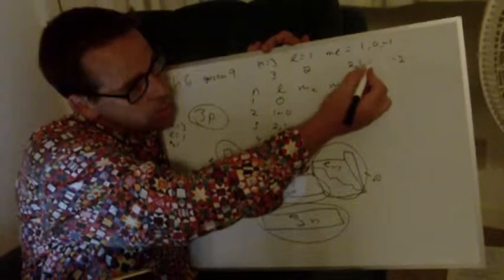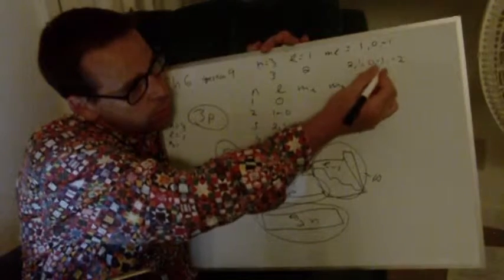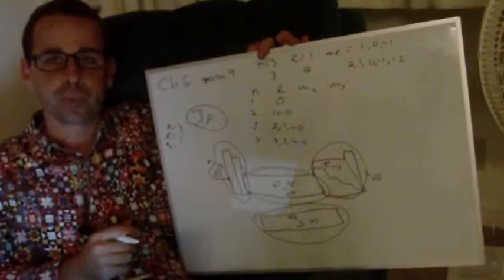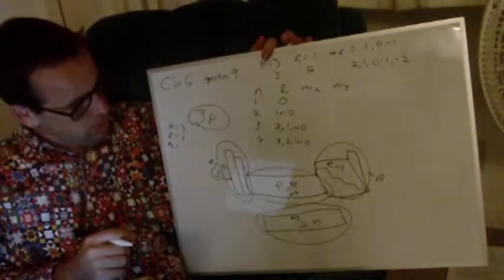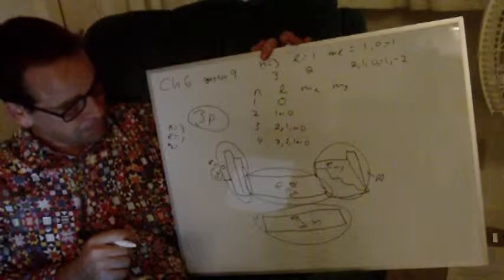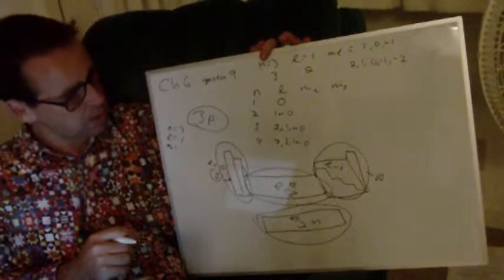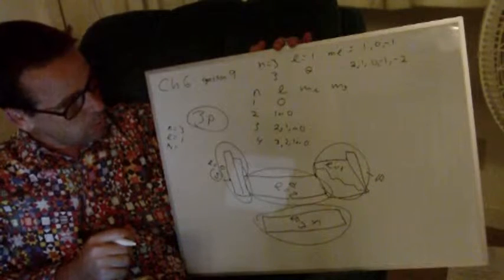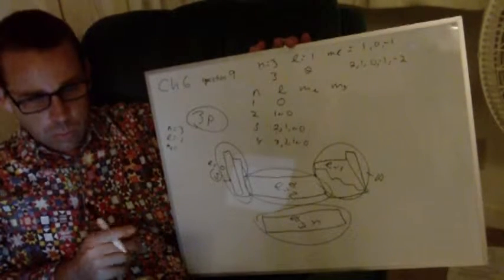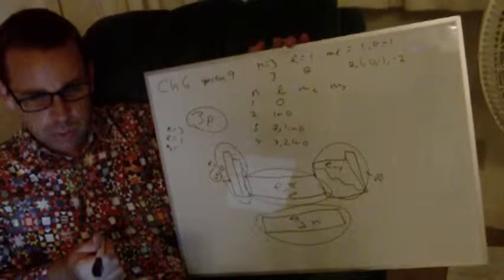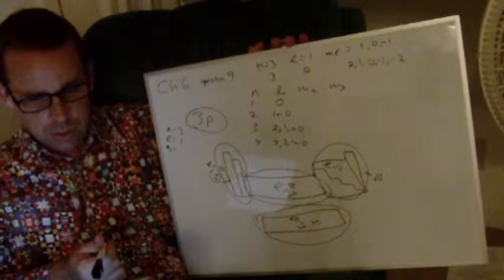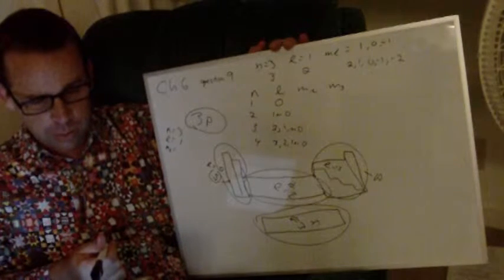So 1, 0, negative 1, and negative 2. Alright, so that means that, which set of 3 quantum numbers n, L, m sub L corresponds to a 3p orbital.